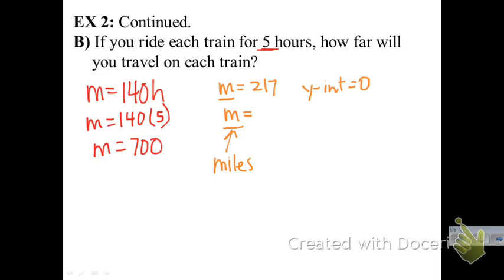So miles equals 217 times hours. So again, we'll go ahead and replace that h with a 5 because it says how far would you travel in 5 hours. So 217 times 5 will give us 1085 or 1,085 miles.